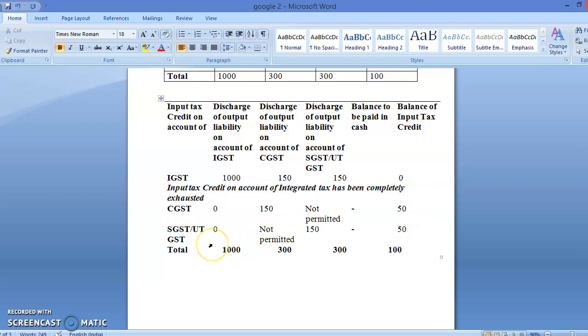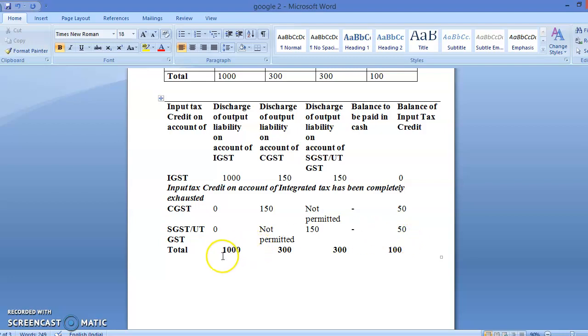Then SGST required to be paid, the liability is 300, out of which 150 is set off through IGST credit and the remaining 150 will be set off with the available SGST credit of 200. Again here also 150 is cleared from IGST credit and the remaining 150 is cleared from SGST. So out of 200, 50 SGST credit is available balance.